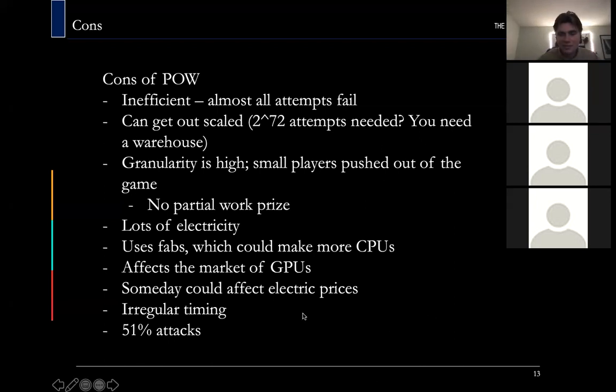I had a question in the chat. Okay, I get what you're saying. I generally don't have an answer for you. What do you mean with governments recovering those transactions?